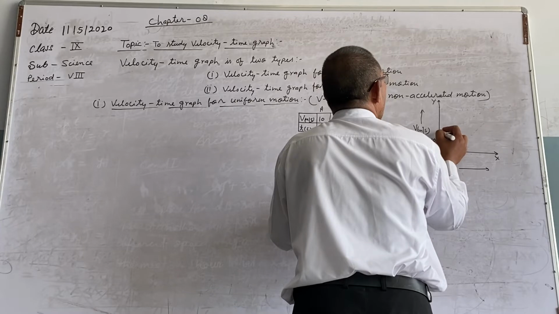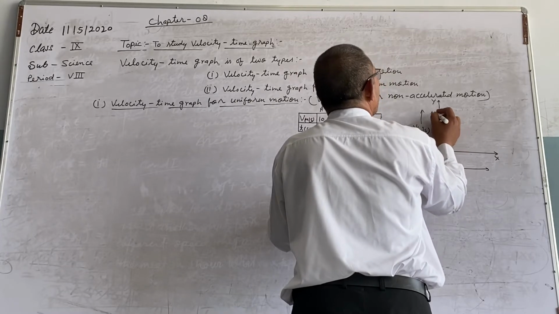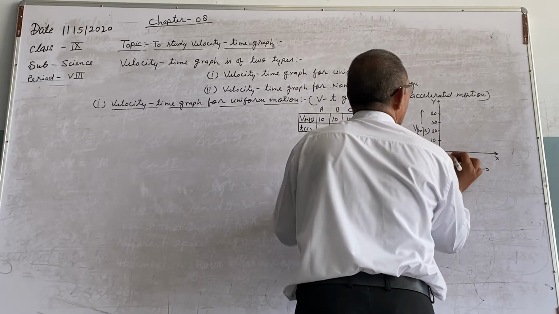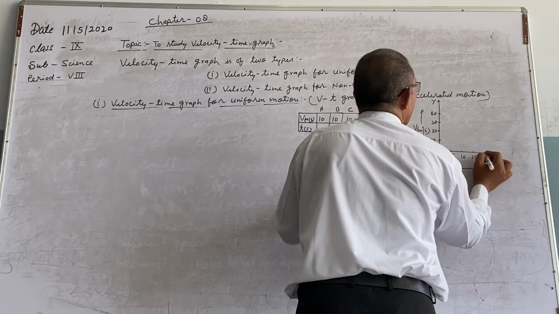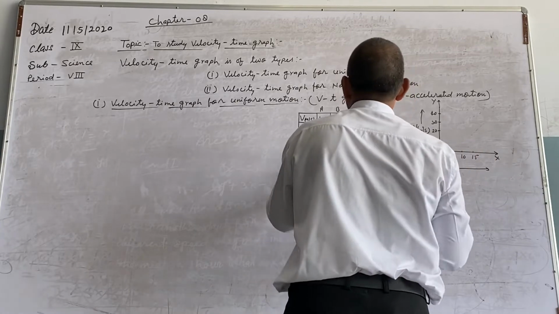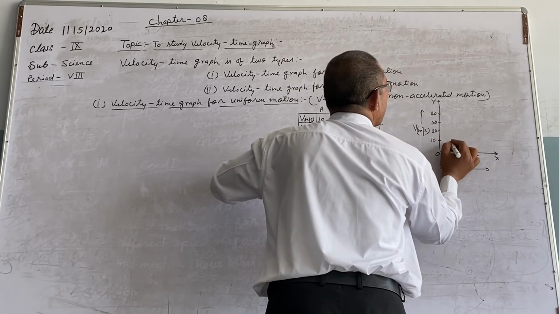Let 10, 20, 30, 40, here 5, 10, 15. So at time t0, velocity is 10 meter per second.